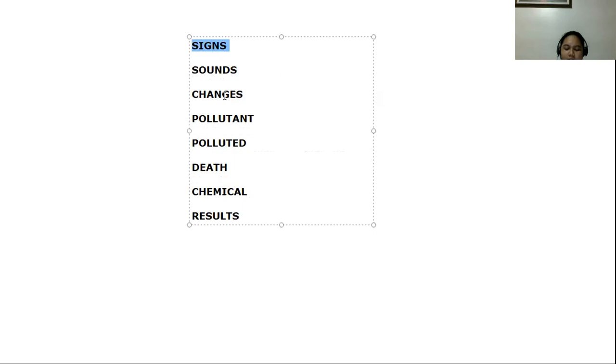Size. Again. Size. This one first. Size. Again, it's science. When you read it, it's like science. Again. Science. Okay, good job.